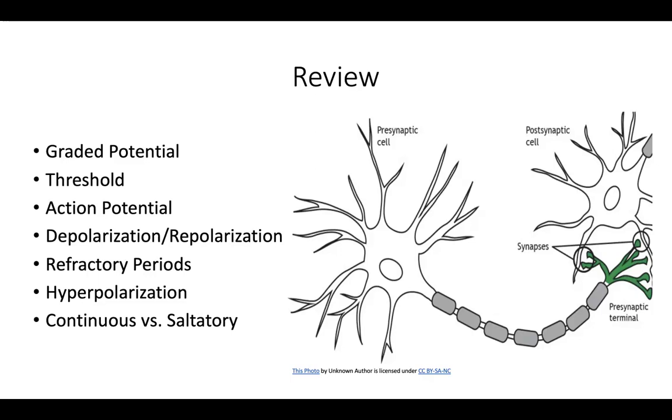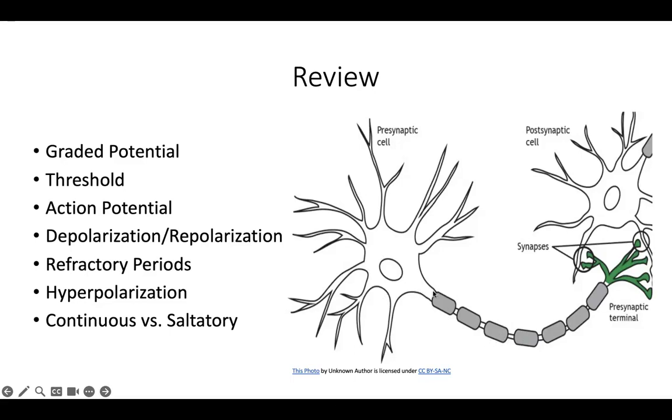Throughout the depolarization and repolarization, you have two refractory periods that you need to remember. The first one is the absolute refractory period. That's when those sodium channels are either open or have just closed. So for a few milliseconds after they've just closed, there is no opening them back up. They have an absolute refractory period that they have to more or less reset before they can reopen. The important thing to remember here about that is that's how you ensure that this action potential is going to continue traveling down the axon instead of traveling back up.